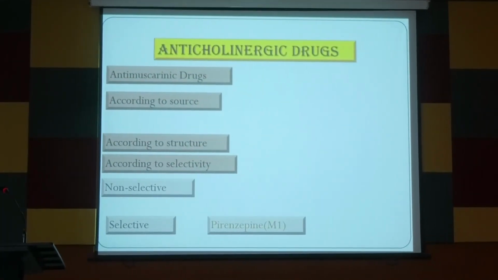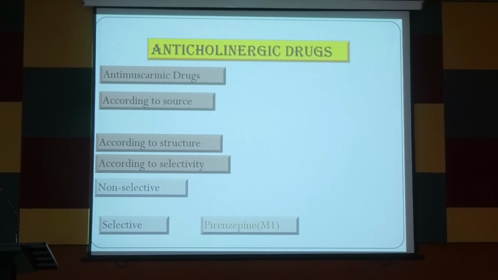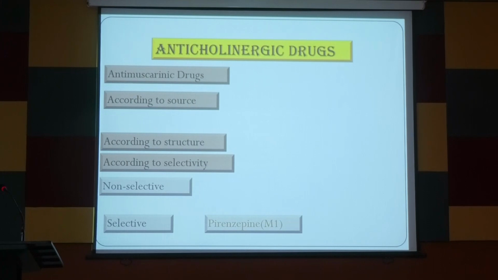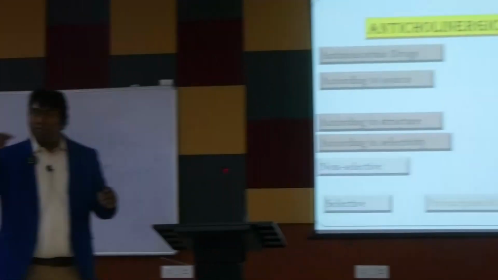The selective one is pirenzepine, used rarely nowadays, but previously used in acid peptic disorder. So it is a specific one. Atropine is non-selective. Pirenzepine is selective, only affecting M1. Non-selective means it blocks M1, M2, M3.